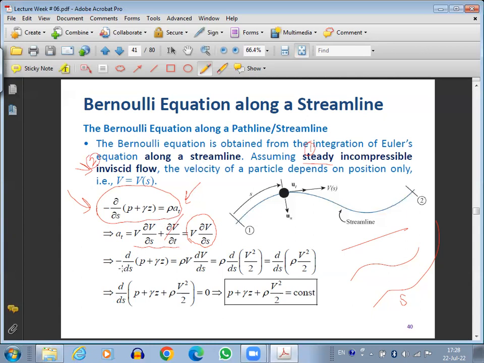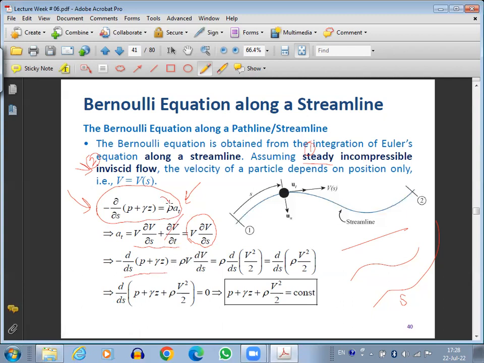So now our equation becomes what? Negative ∂p/∂s. Previously it was a function of s and t, so I was writing ∂. Now it's just a function of s. It's not a function of t. So instead of writing ∂, I can write d. Right? So I will write here negative dp/ds plus gamma z equals rho v dv/ds.